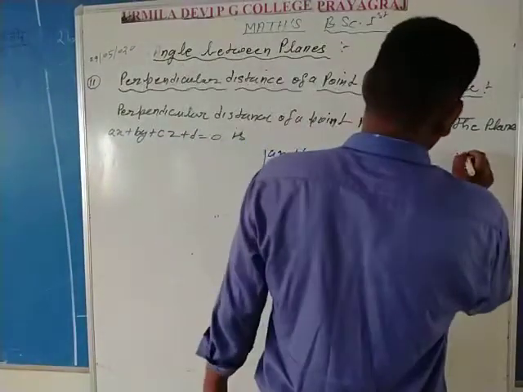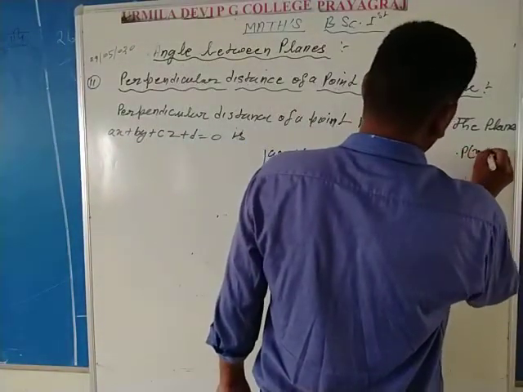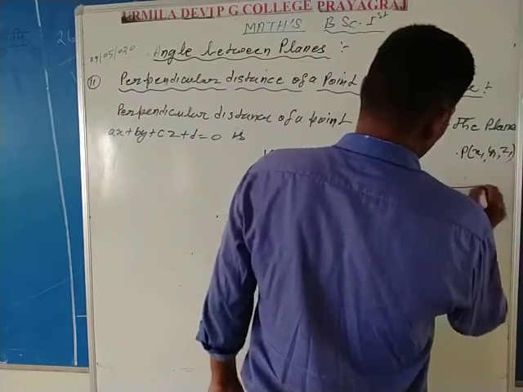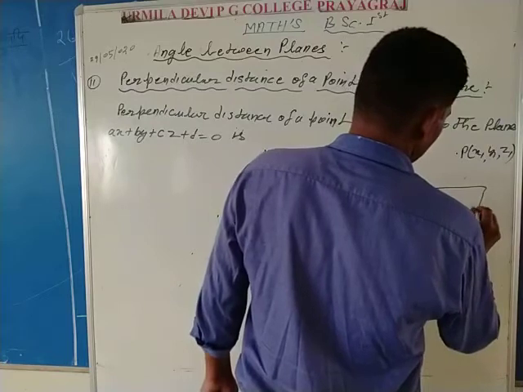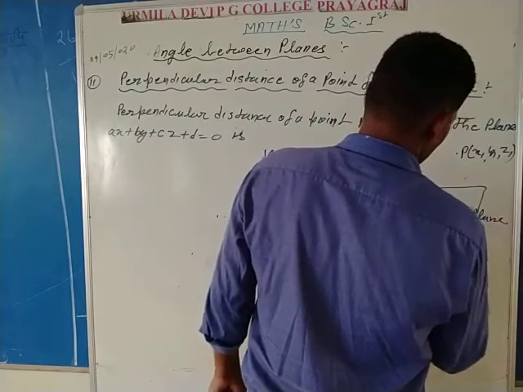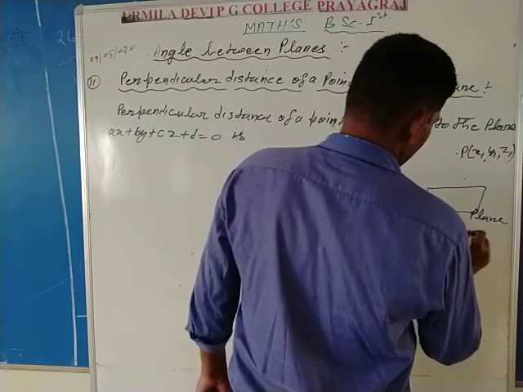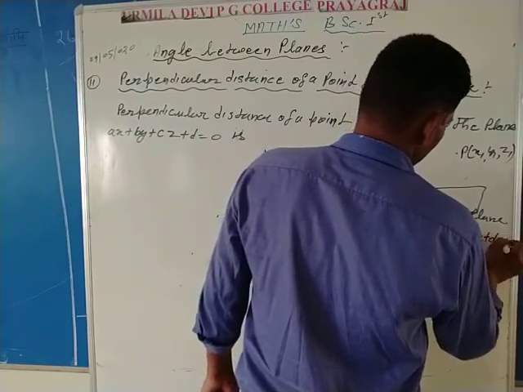Suppose the point is denoted by x1, y1, z1, and the plane is the plane whose equation is ax plus by plus cz plus d is equal to 0.